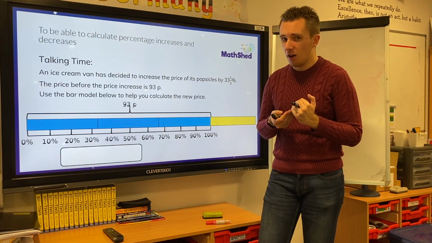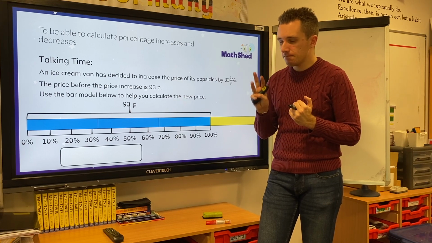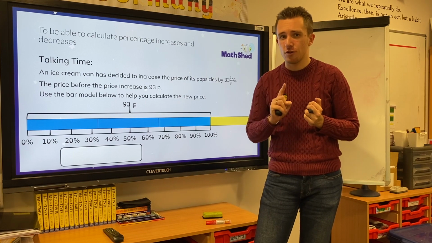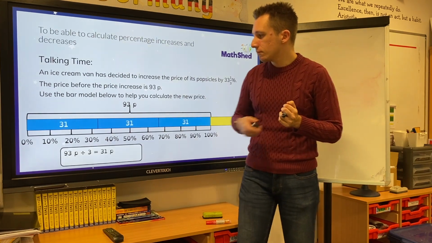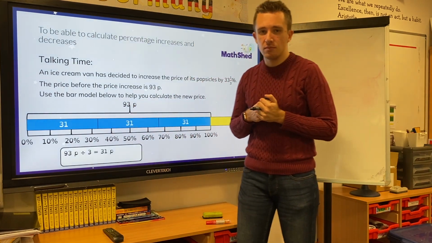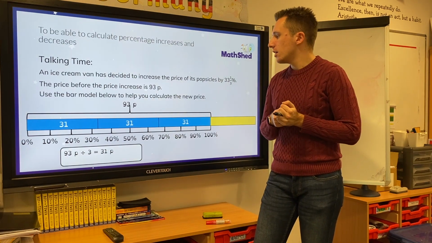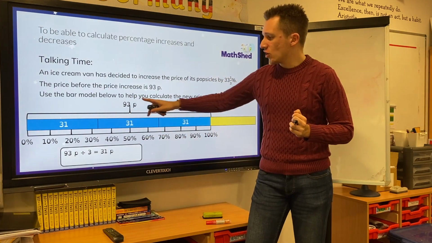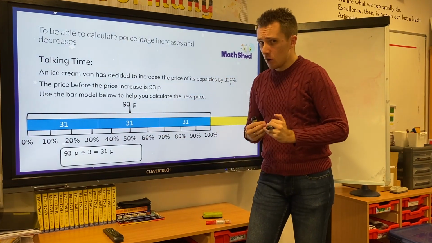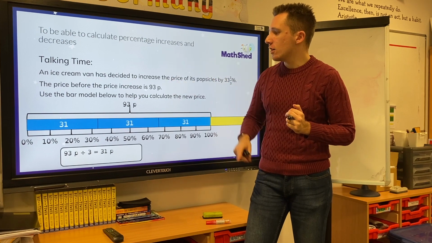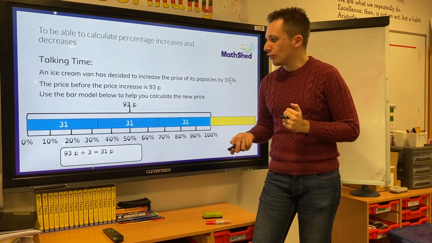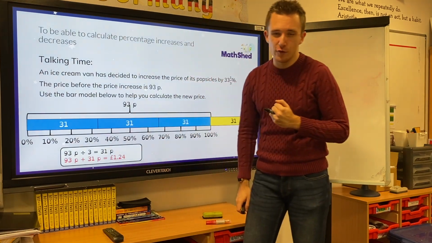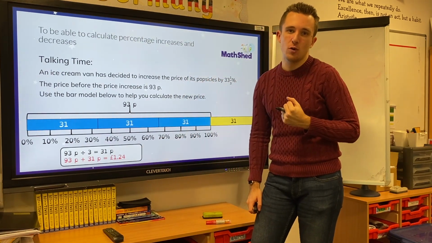We divide by 3. We do 93 divided by 3 to find out 33%. 33% is 31. Step 2, we either add that 31 to the original or we take it away. It's an increase, so we add it. 93 add 31 is £1.24. 124 pence or £1.24.